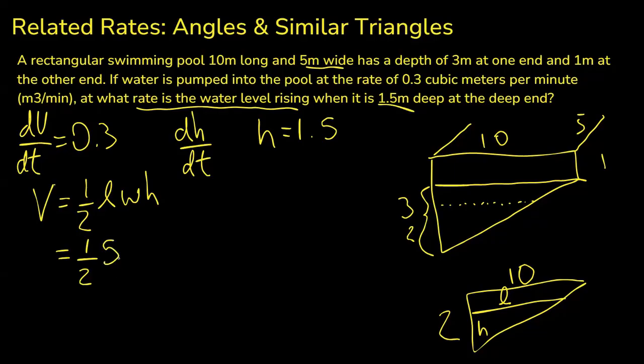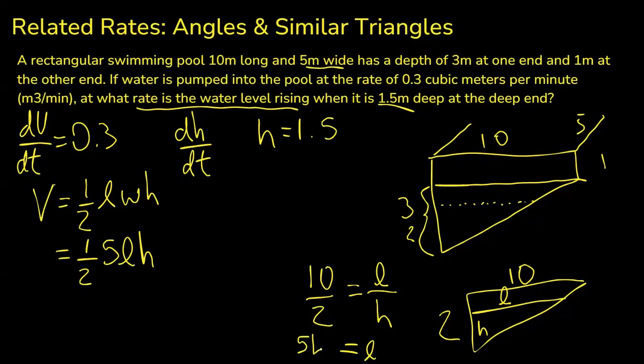So we could do 5 times L times H. But from this diagram over here, we know that 10 over 2 equals L over H. So L is equal to 5H. We could substitute that in to get the volume formula all in terms of H. If I plug 5H in for L, this would simplify to 25 over 2 H squared. And that's the volume formula in terms of H.